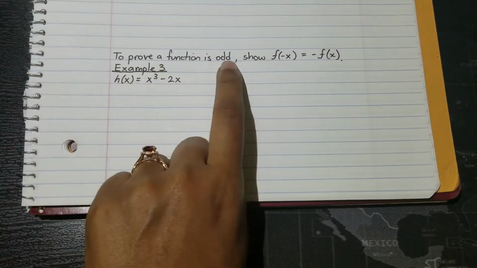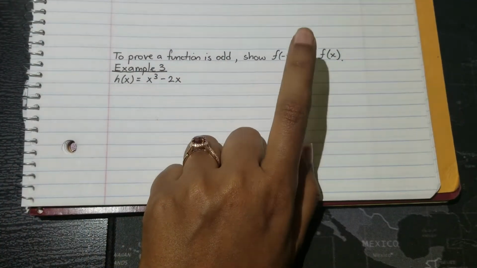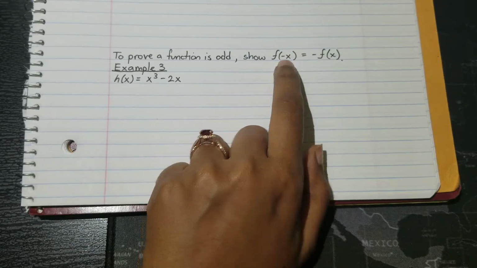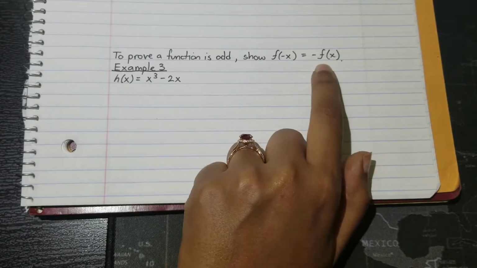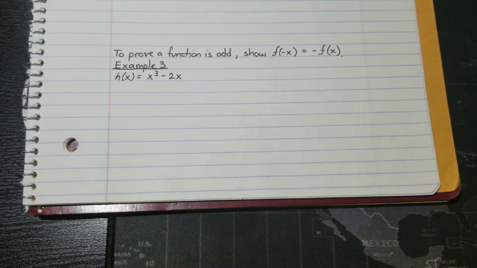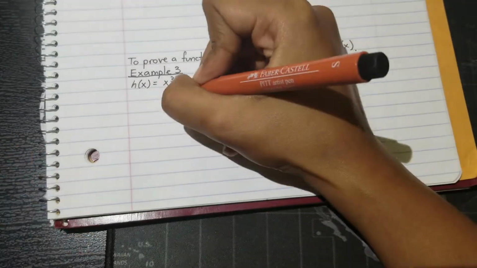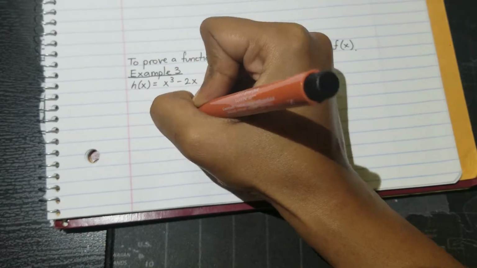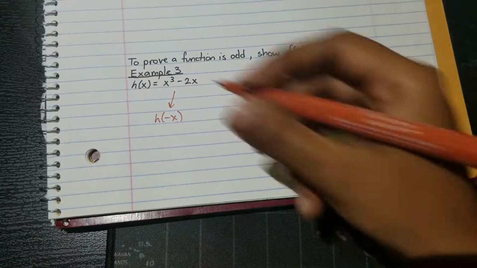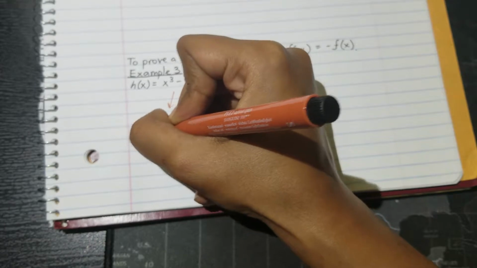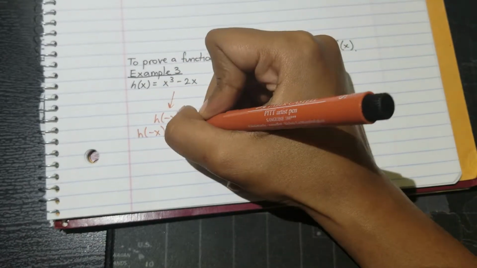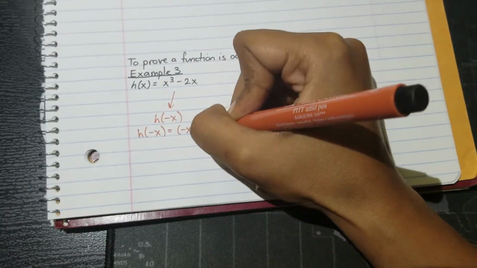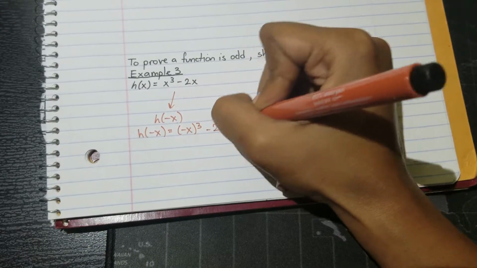So to prove a function is odd, we need to show that when we substitute negative x into the function, it's equal to multiplying the entire function by negative 1. So let's split that into two. So this first one is going to be h of negative x, so just substituting negative x into the function. So what do we get? We get h of negative x equals negative x cubed minus 2 times negative x.